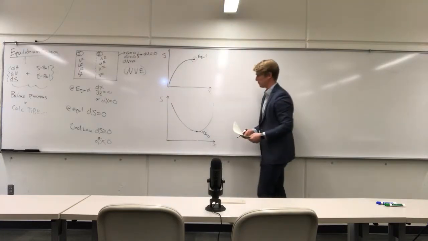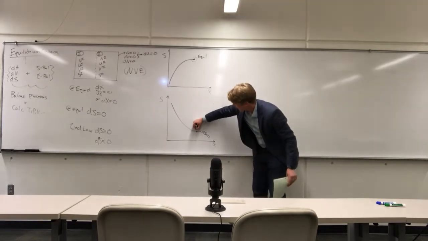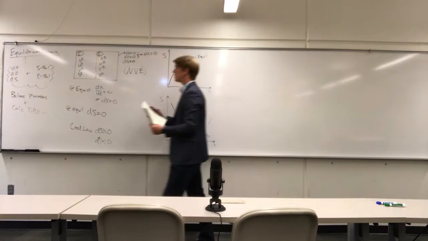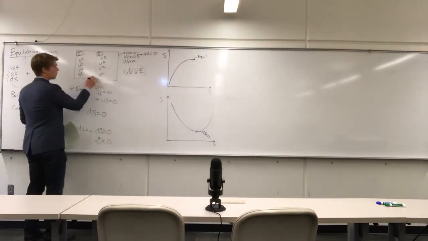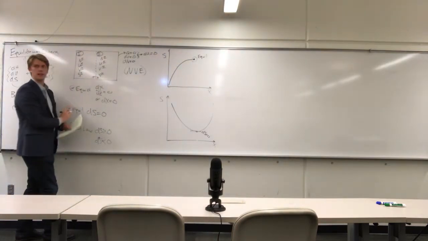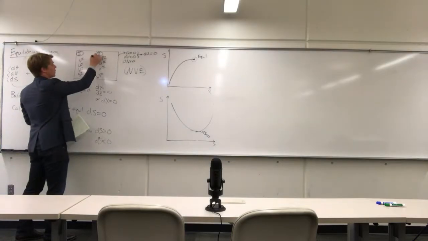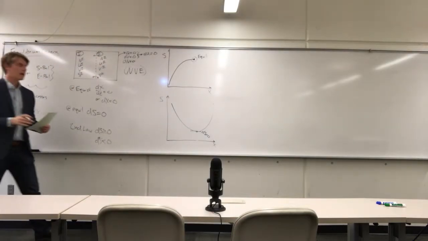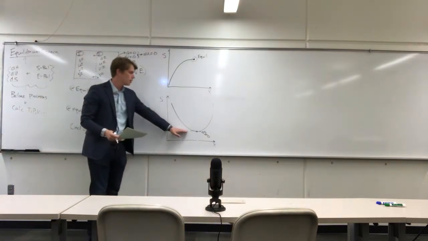But here's the problem. If I were to have any sort of a fluctuation, anything that's insignificant, let's say I had one particle jump from this side over to that side, or the volume of the boundary moved a little bit this way, what would happen to the entropy of the system?